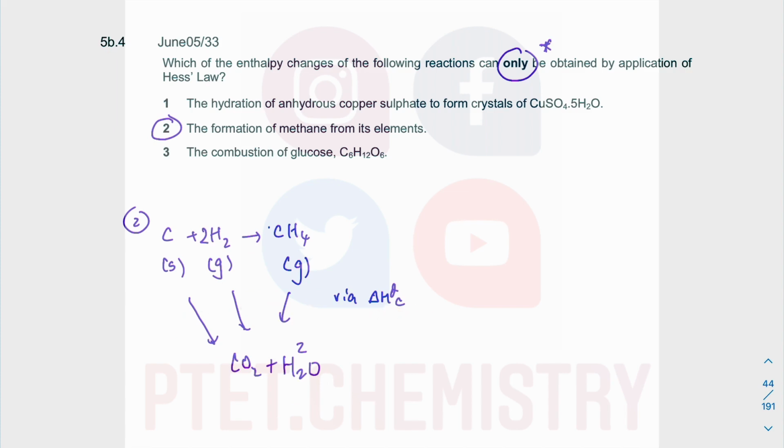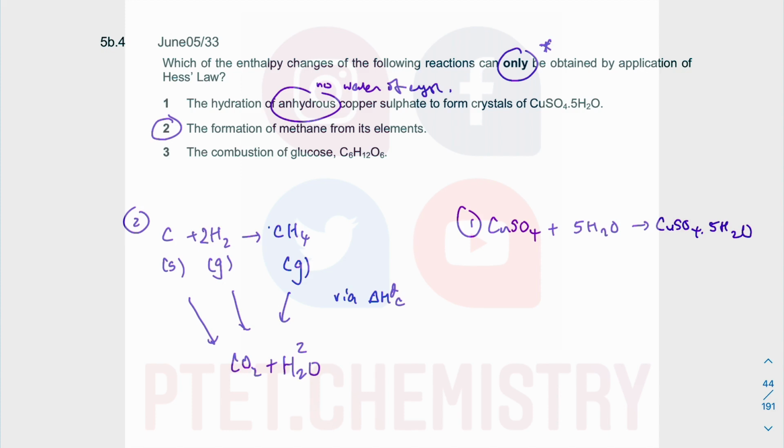Okay, how about option 1? So when we look at option 1, what are we doing? Anhydrous means no water of crystallization. So we start from CuSO4, and then you add 5H2O, and then you get CuSO4 with 5 water of crystallization.